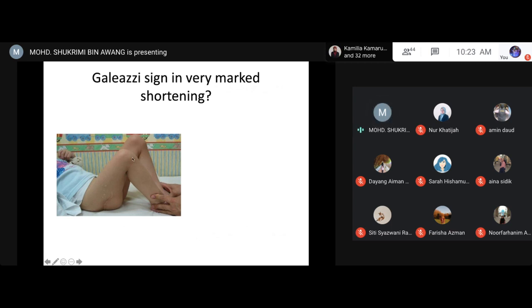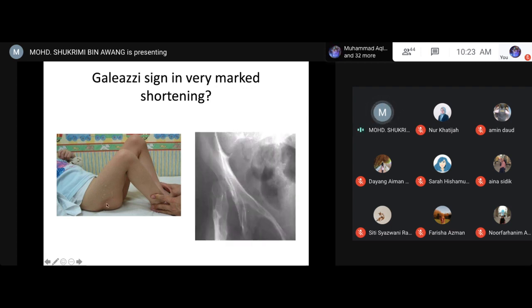Okay, and you see in this patient there are multiple scars here over the hip. So this patient has a problem over the hip. You can see there is not a proper hip; you can see a good head of the femur and the neck, but the acetabulum, what we call the hip socket, is shallow.